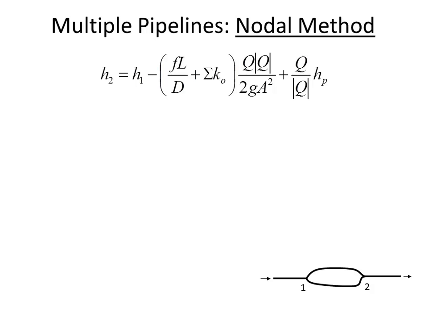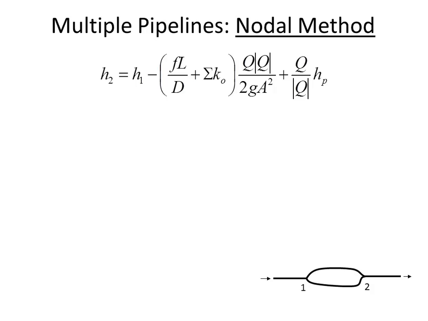All right, so I think that you can see that if you have H2 minus H2, and then take everything else over to the other side of the equation, the local loss term is K Q times absolute value of Q divided by 2G A squared. We can combine many of the components of these.